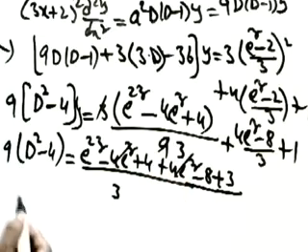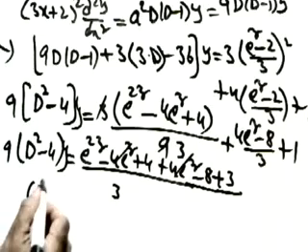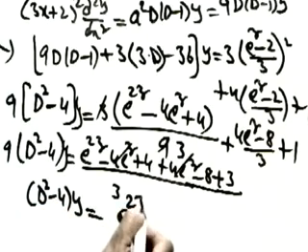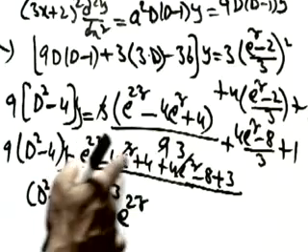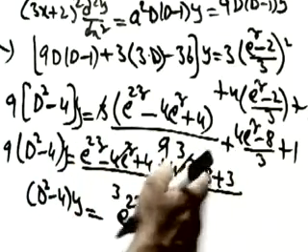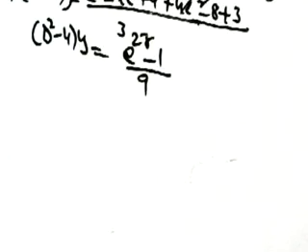This minus and plus will get cancelled. We bring this 9 there: (D square minus 4) into y equals e power 2z, 4 plus 3 is 7, 7 minus 8 is minus 1, divided by 9, you bring this 9 here, so it will be divided by 9.